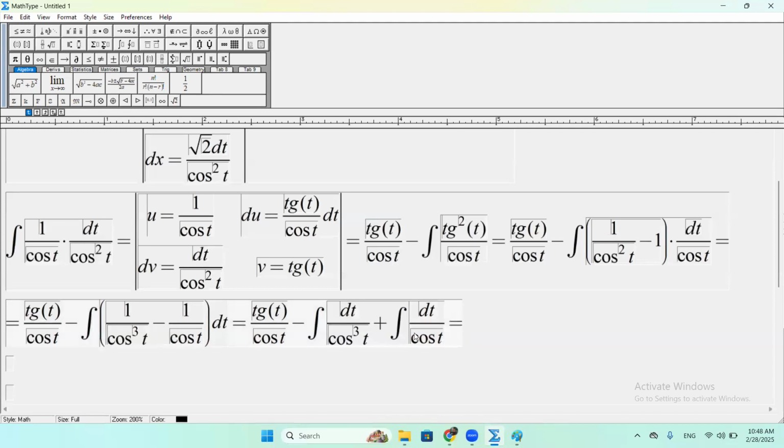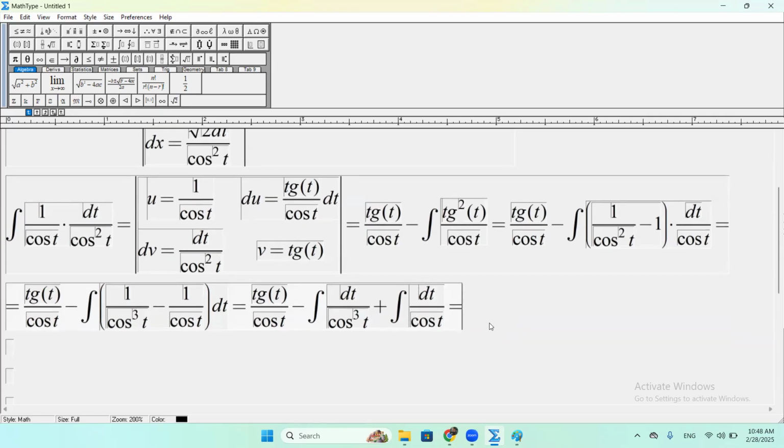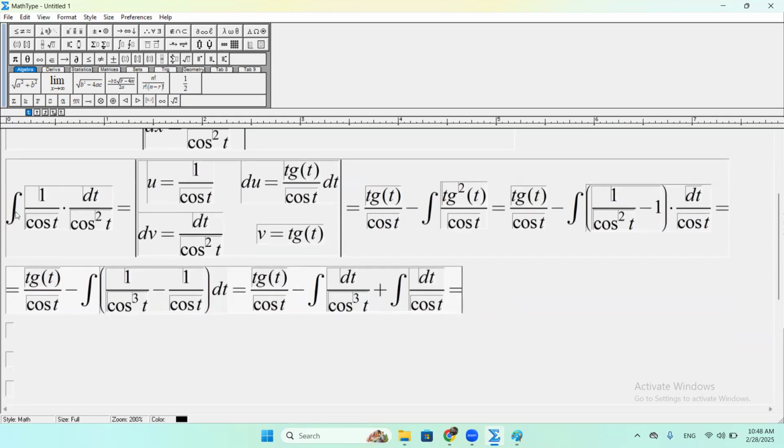So okay, and what did you notice interesting? What we received? If we look at this integral and this result, this expression that we have, again we received this integral. So this integral and this.